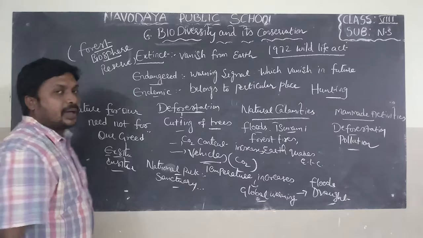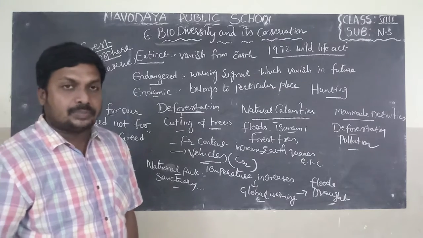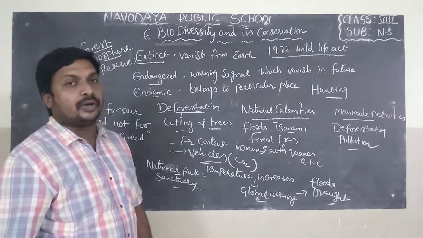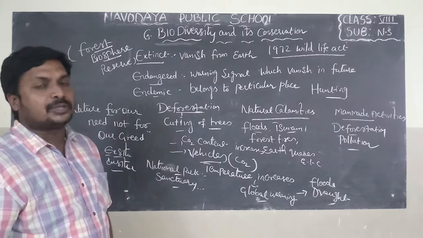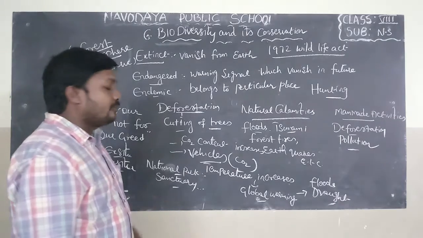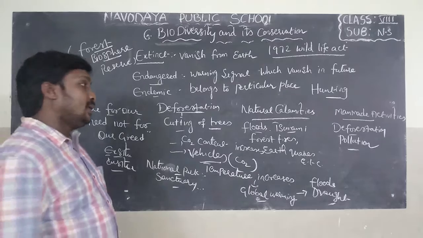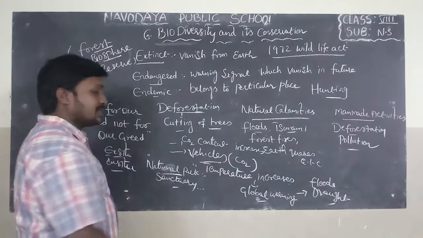What do you mean by national park? A national park is a place reserved for several plants and animals to protect them, without interference of human beings. That is called a national park.